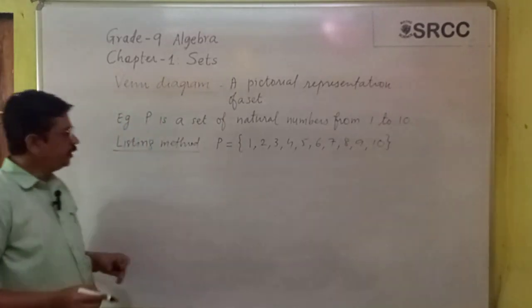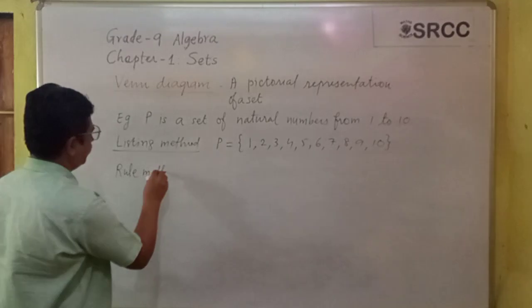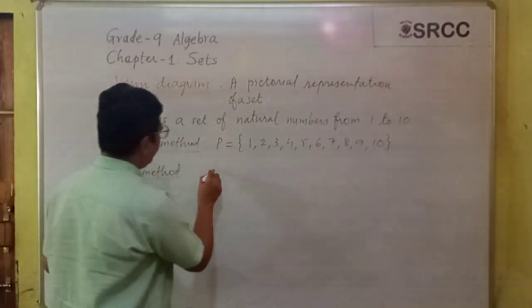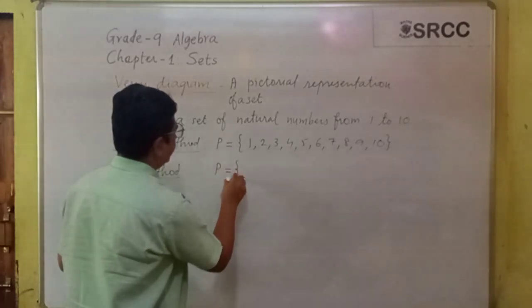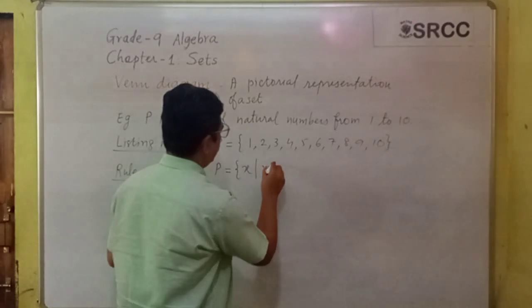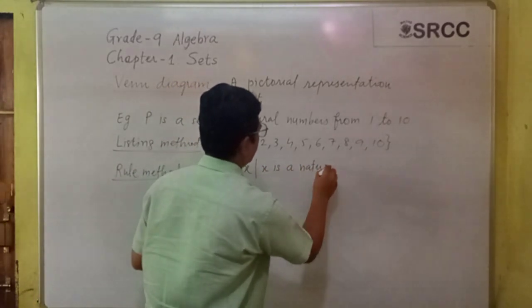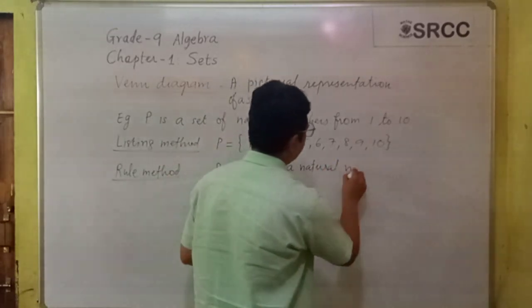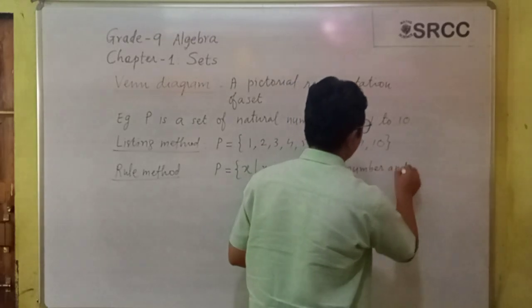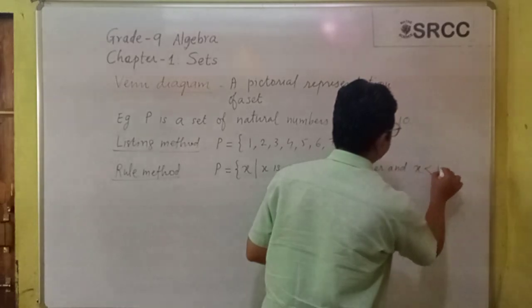If we use the rule method, then we shall write P is set of all x such that x is a natural number and x is less than 11.